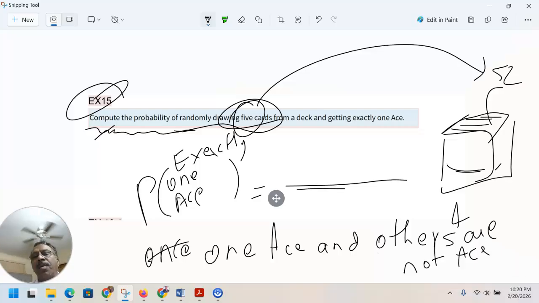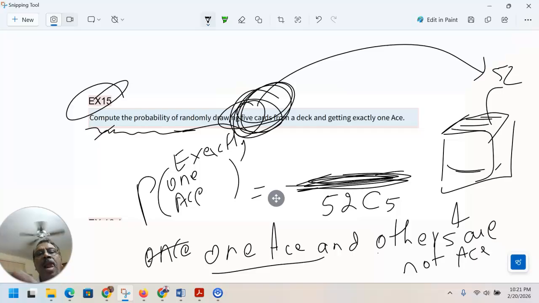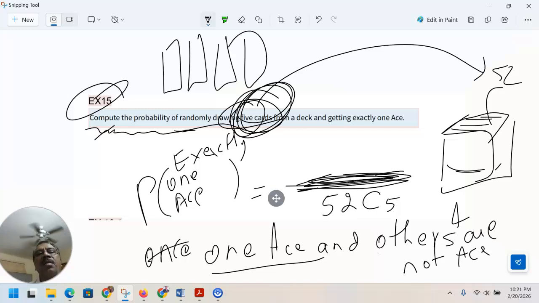Now remember, the probability is about how many different ways you can pick 5 cards. There are 52 cards, right? You can pick any 5 cards. So the bottom becomes 52C5. But the top part says one is an ace, and there are 4 aces in a deck of cards, so that becomes 4C1.